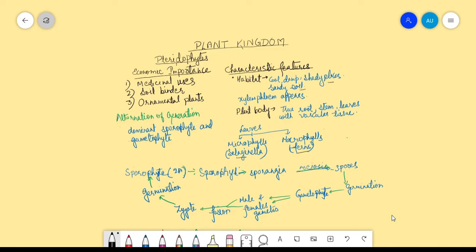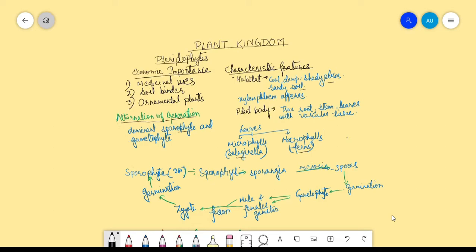Now they show alternation of generation, that means the dominant sporophytic phase will alternate with the gametophytic phase. In bryophyta we discussed that the gametophytic phase was dominant over the sporophyte, but here the situation is reverse, that means the sporophyte is dominant and the gametophytic phase is dominated by the sporophytic phase.